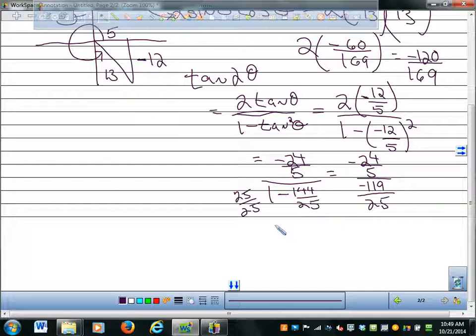And then I copy, dot, flip, so I get negative 24 over 5 times 25 over negative 119. And then negatives go away, right? Negative, negative. And you can turn that into a 5 like that. And you get 5 times 24, which is 120 over 119.